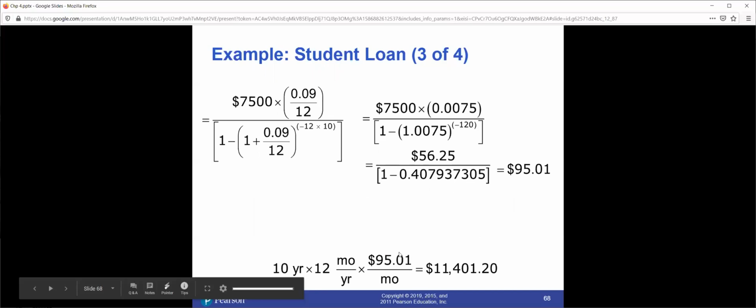As shown here, drop, drop, drop, go, go, go. We find out that our payment amount is about $95 a month. So you pay $95 a month every month for 10 years. That comes out to a payment of $11,401.20.